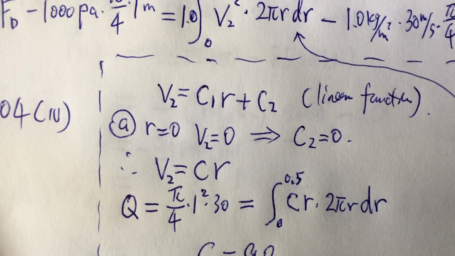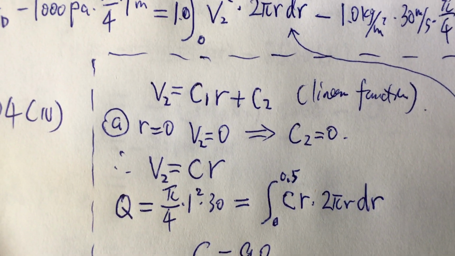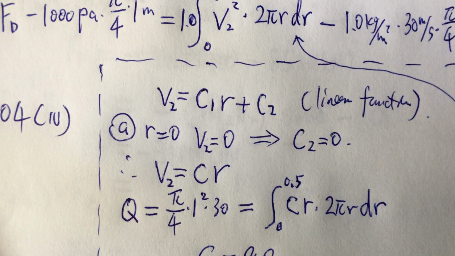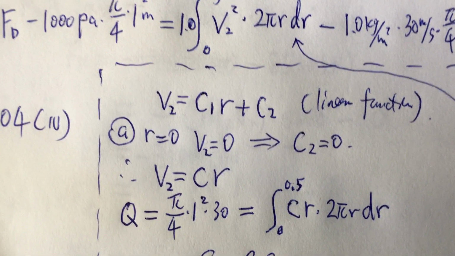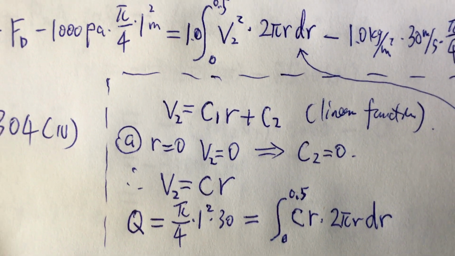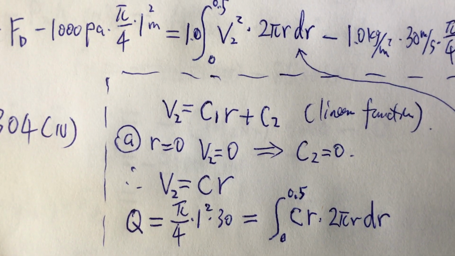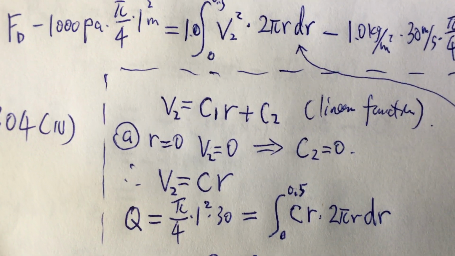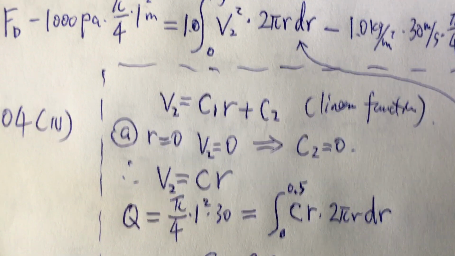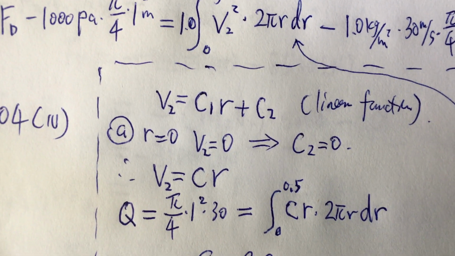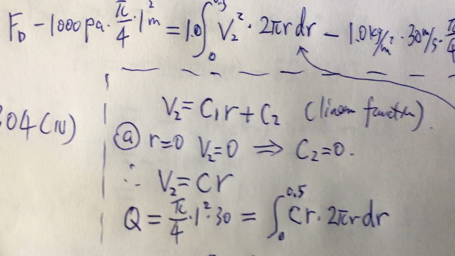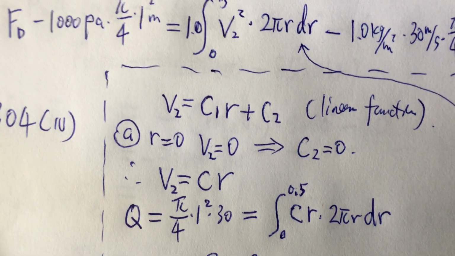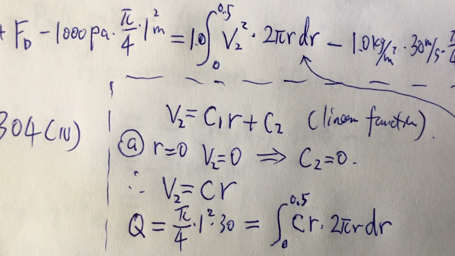So we have the expression for V2 at the outlet. So we can integrate this V2 times dA. That's the volumetric flow rate, right? V2 dA, 2 pi r dr, again, 2 pi r dr times V2. V2 is C r. So you take the integration; it's a non-uniform velocity at the outlet, right?